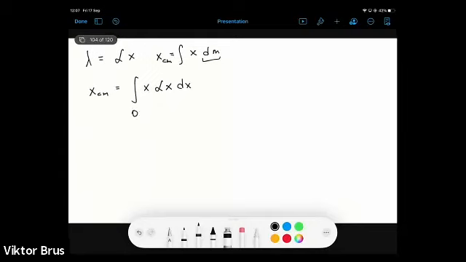And this will be from 0 to L, integration along the whole length of the stick. So alpha is a constant. We can take it out from the integral from 0 to L. Here will be x squared dx.